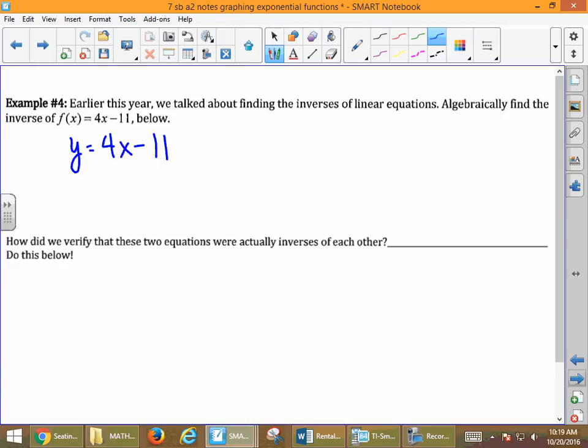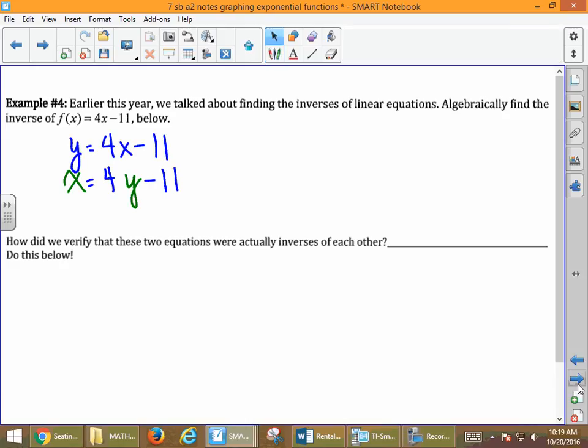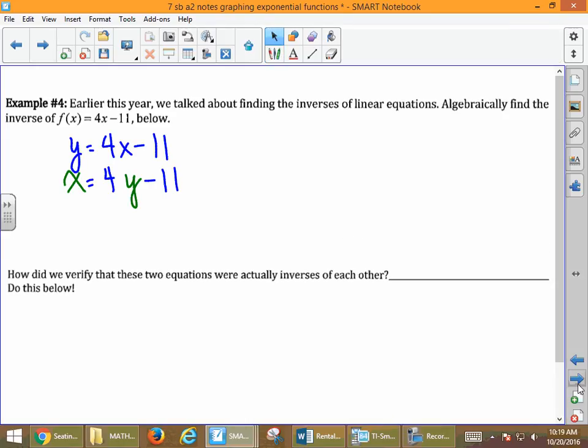What do we have to do next, Bradley? Switch the x and the y. So x is going to go where y went, and y goes where x went. So it's going to be x equals 4y minus 11. Once we remember that, we can finish by solving for y.